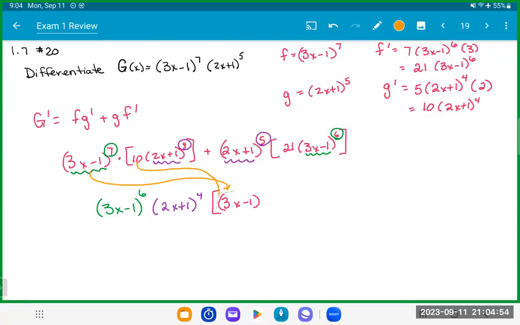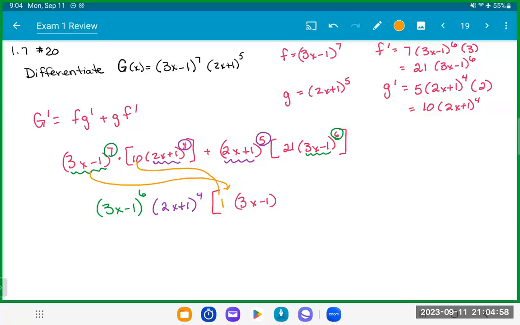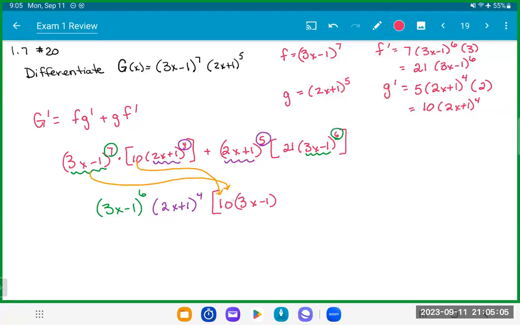So I'm actually going to slide this over, and let's put the 10 in there. I factored out all 4 of the purple ones, so there's none left. Now let's move on to the second piece.